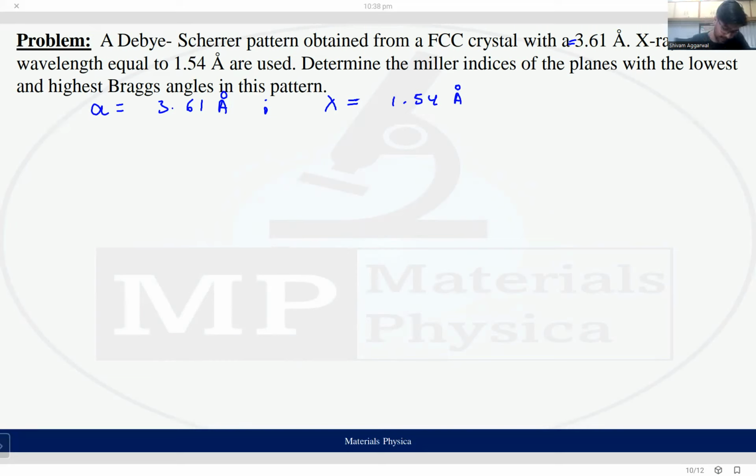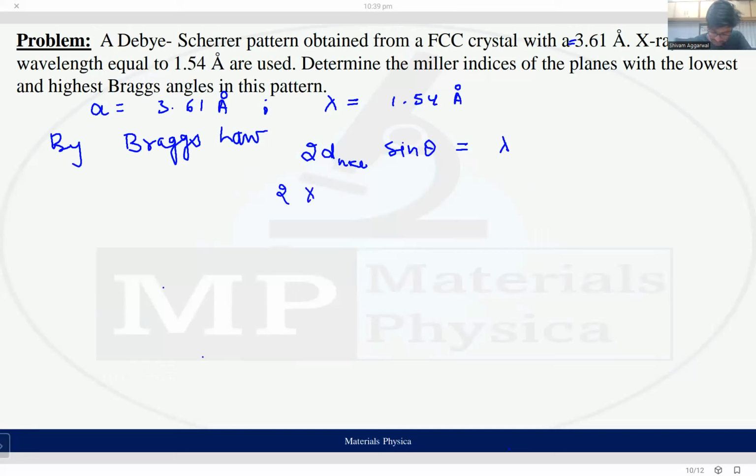Now by Bragg's law, 2 d_hkl sin theta equal to n lambda. For the first order reflection, we will take n is equal to 1. And d_hkl is given by a over root of h square plus k square plus l square.